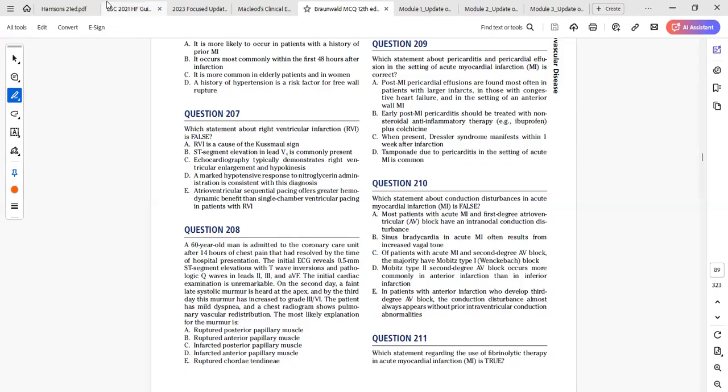What you just said now is true. That's the confusion. Do you understand me? Yes. Let me explain. What she's saying is true, but the statement says almost always appears without prior intraventricular conduction abnormality. The book says third degree AV block, however, when it occurs, is usually preceded by less advanced conduction abnormality.